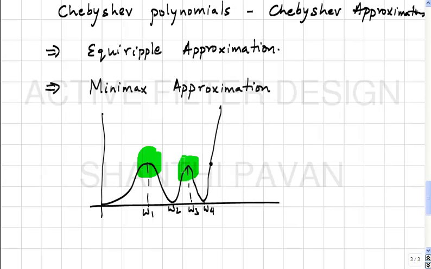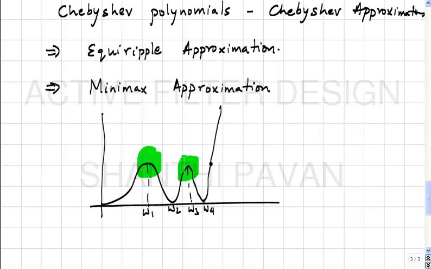So if the peaks are no longer equal, what can you say about the magnitude of the maximum peak? It will be greater than 1, correct? So if I move omega 2 or omega 4 away from these optimal values, the maximum deviation from 0 increases. In other words, this particular choice of omega 2 and omega 4 is that which minimizes the maximum deviation from 0. You understand?